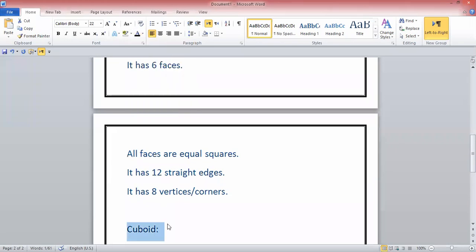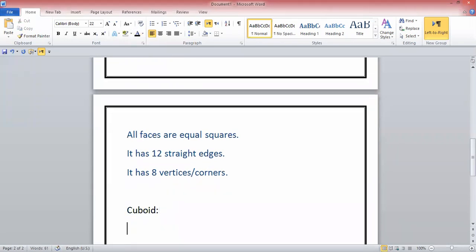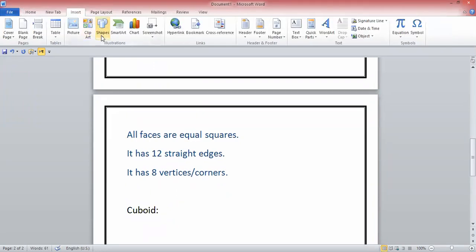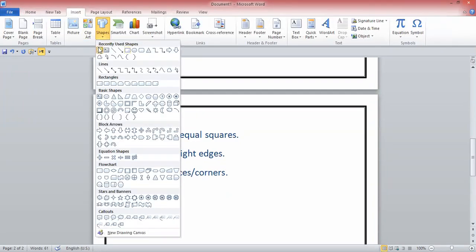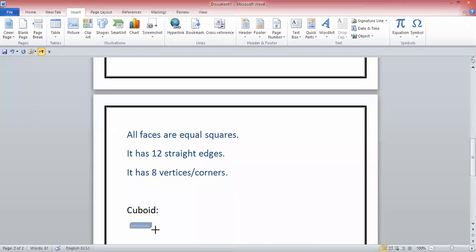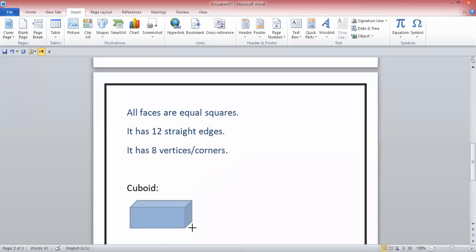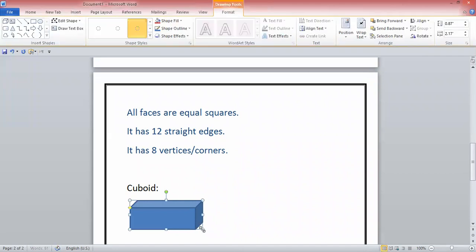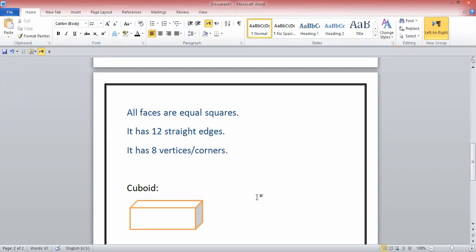It is a cuboid. I will draw a cuboid here. This is a cuboid. Guys, you will draw it in the same way I told you about the cube.